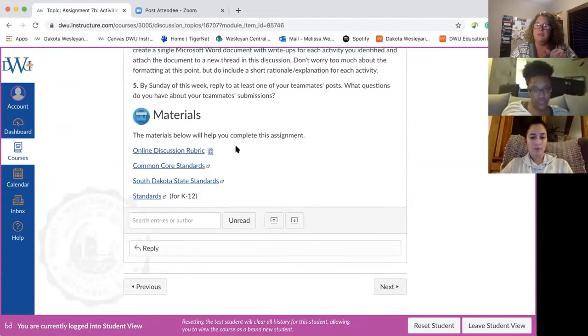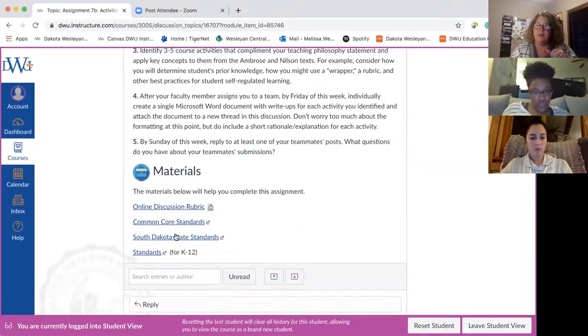I did add a few things. I should probably note that on the very bottom here, under materials, I did add some standards. I'm not sure that either one of you will need it, but if we've got some K-12 teachers especially that want to focus on a particular standard, they could look at these resources. They're just broken down by Common Core. Are you both familiar with Common Core?